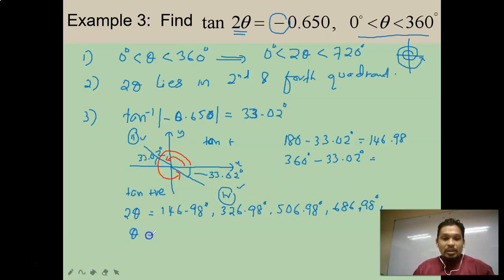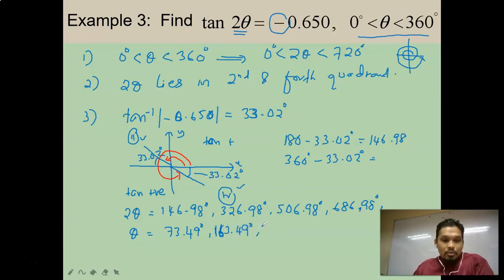So theta equals every single angle that we get here divided by 2. The first one here is 73.49. The next is 163.49.